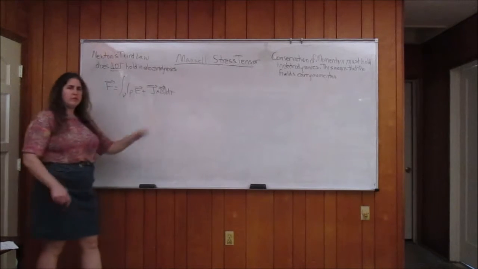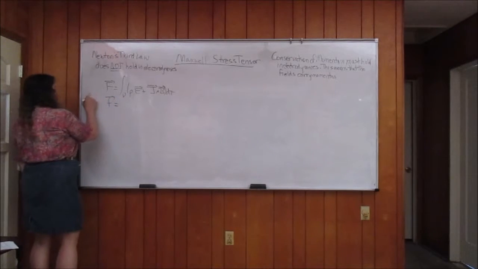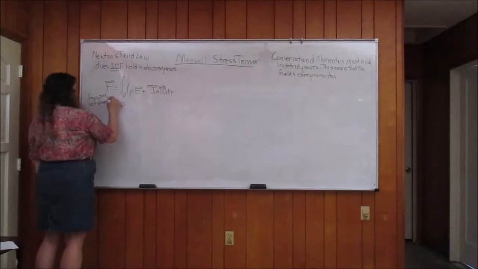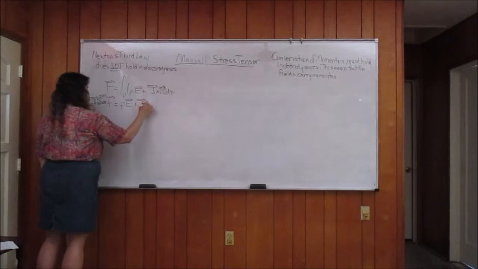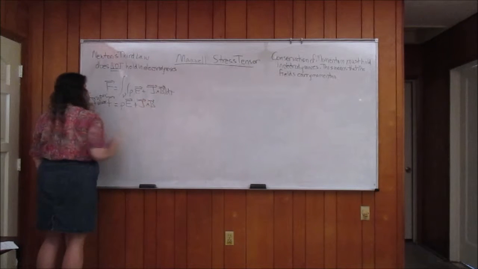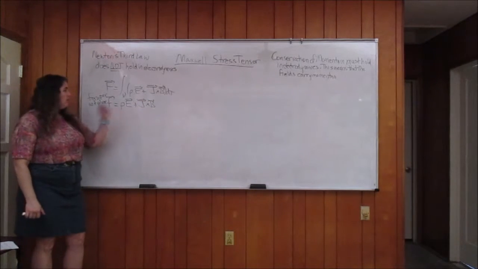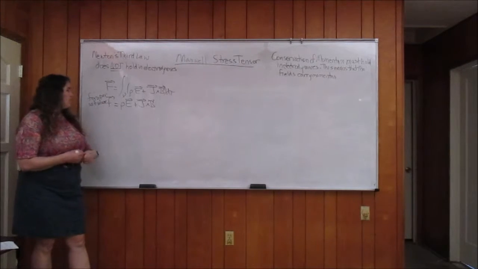If this represents a force, then this lowercase f is the force per unit volume. So that's charge density times the electric field plus current density crossed into the magnetic field.